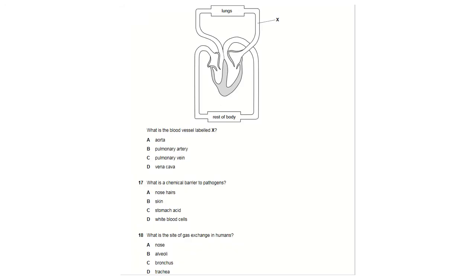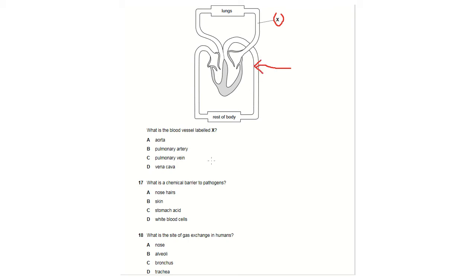The next question also dwells into the nature of the human heart. It's a question that comes up a lot, so it's quite smart for you to look at it when doing revision. We are asked what the blood vessel X is. Well, let's look at the options. The aorta will take blood from the heart to the body, so aorta is this one.